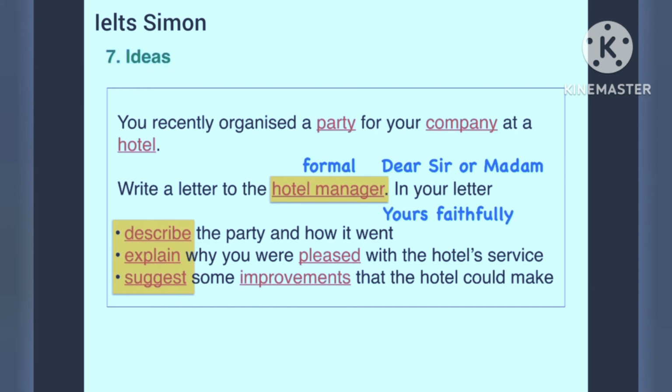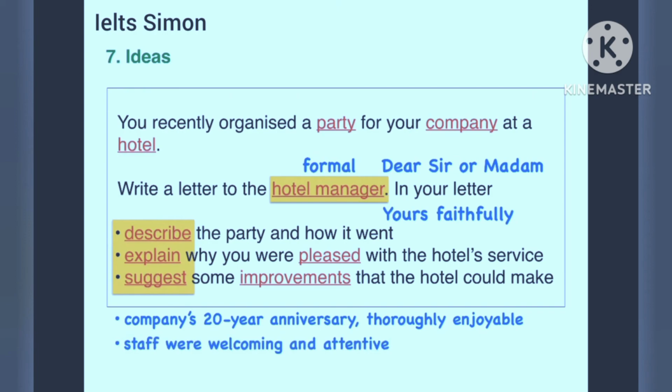Describe the party. I'm going to say it was my company's 20-year anniversary, and how it went. It was thoroughly enjoyable. We're trying to use quite formal language here. Instead of saying the party was fun, I've said the party was thoroughly enjoyable. Then explain why you were pleased. The staff were welcoming and attentive.